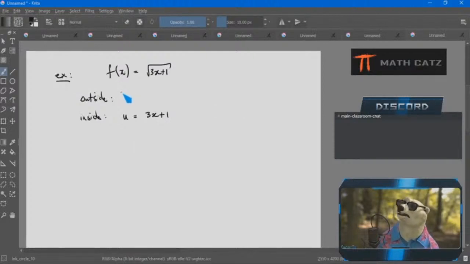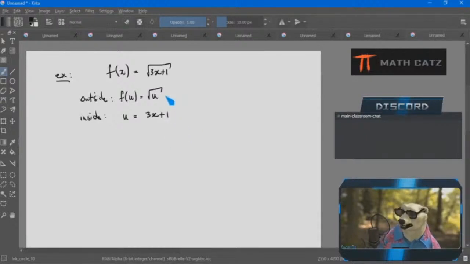Then I'm going to write the outside function as f of u. I'm going to use this u to help me write the outside function. It's pretty much the same as what we did here. This way of writing it, in my opinion, is going to help me get the highest chance of success moving forward.